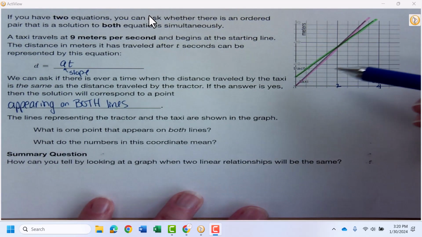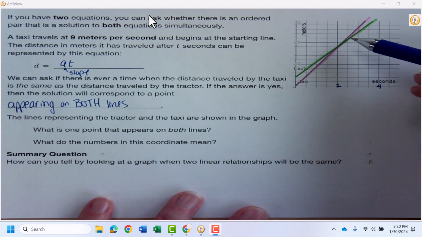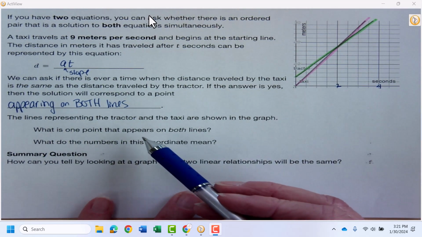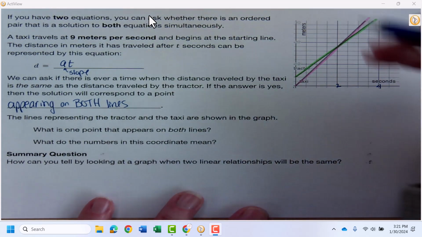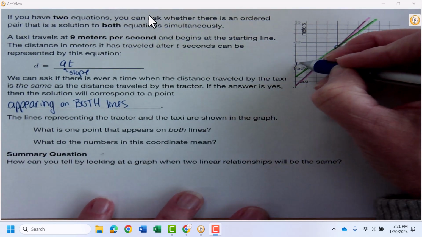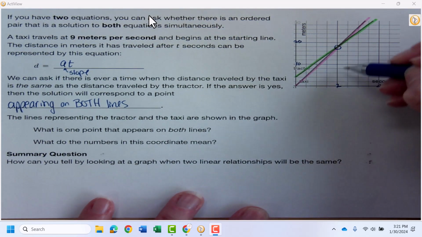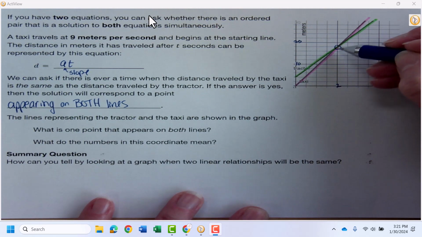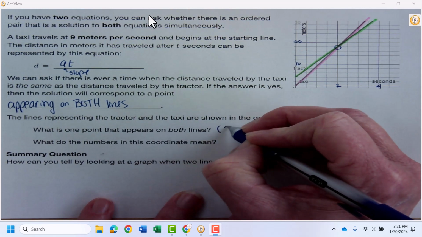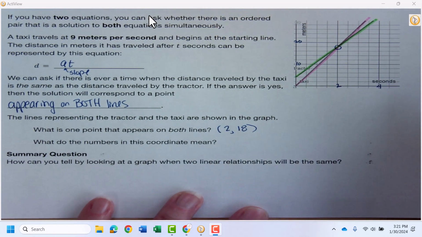So we see these two lines representing the tractor in green and the taxi in pink. And what is the one point that appears on both lines? Well, it's where they intersect. And if we read our graph carefully, that's at 2 seconds, and looks like this is going up by 2s, 10, 12, 14, 16, 18 meters.